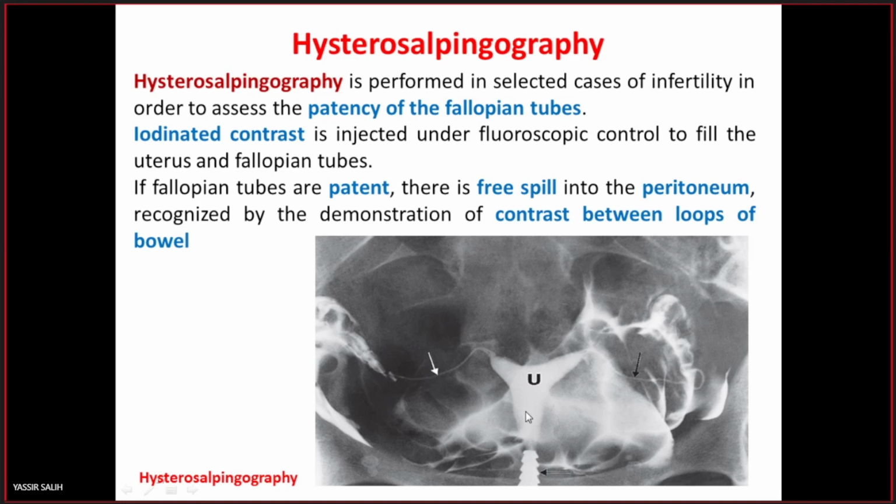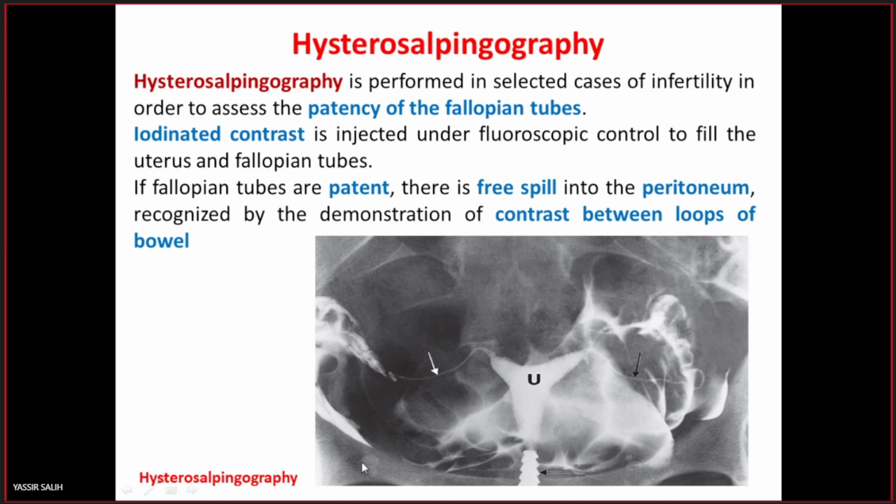Contrast first fills the cavity of the uterus, then goes to fill the fallopian tubes on both sides. And then if the tube is open, not obstructed, the contrast fills the uterine cavity.